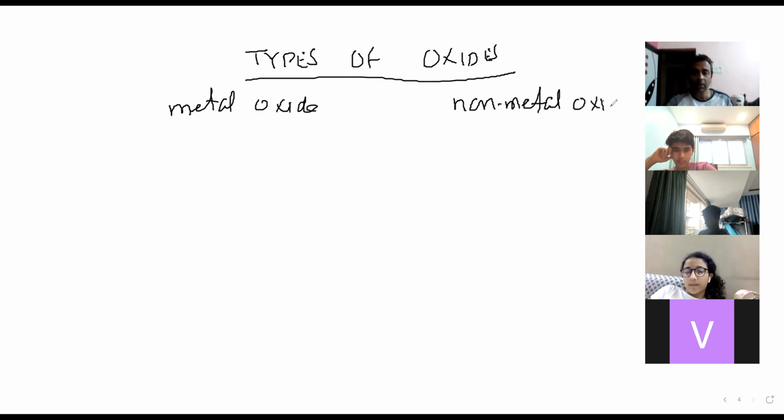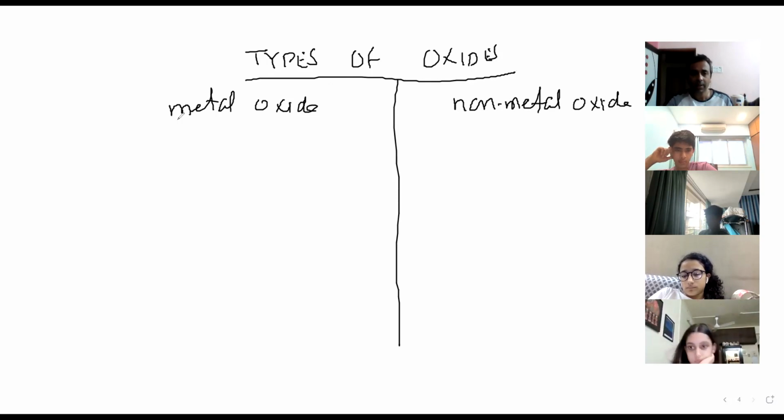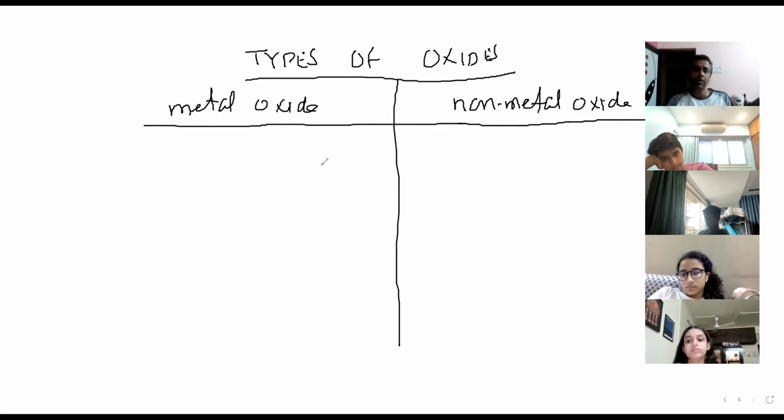Metal oxides and non-metal oxides. Metal oxides are basic oxides. Now tell me, am I right here, entirely, completely? If I'm saying all the metal oxides are basic oxides, am I correct?